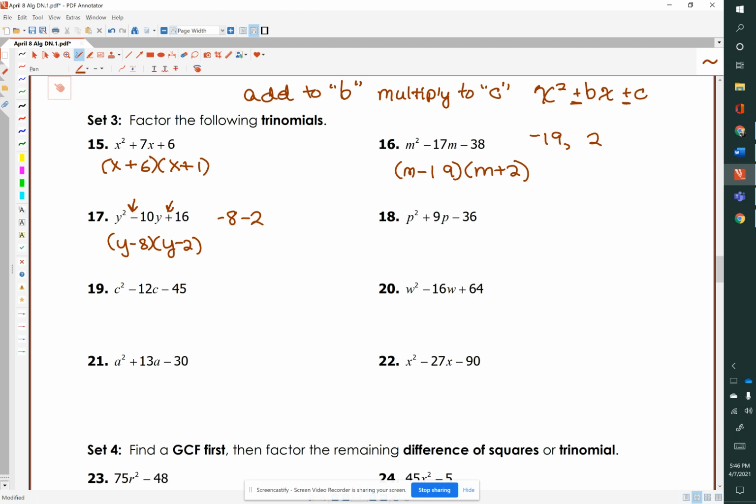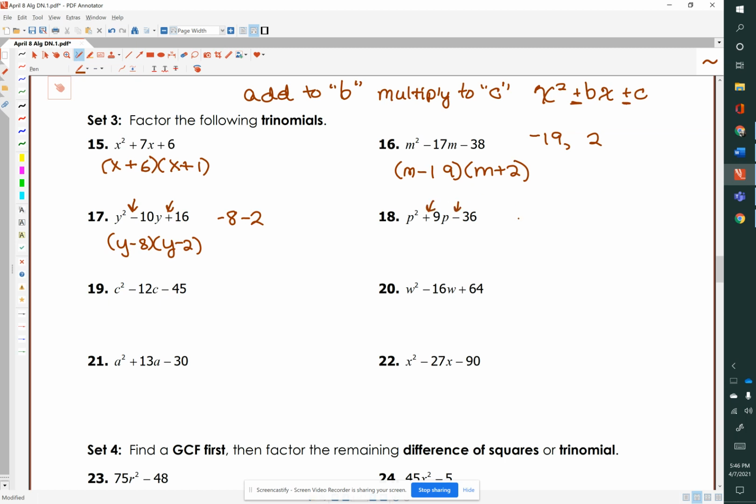Number 18, p squared plus 9p minus 36. So two numbers that add to 9 and multiply to 36. So I'm going to need a positive and a negative so that I get this negative here and this positive here.